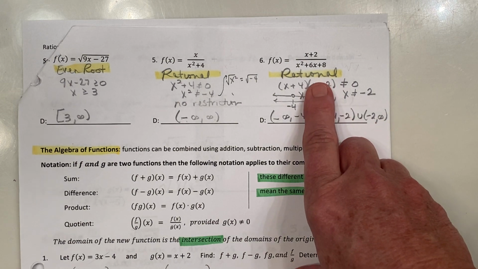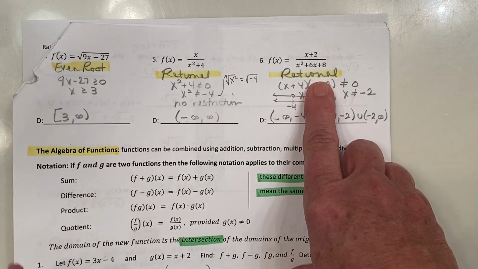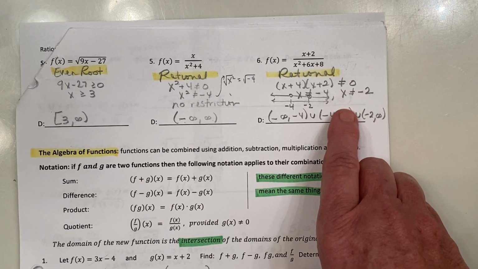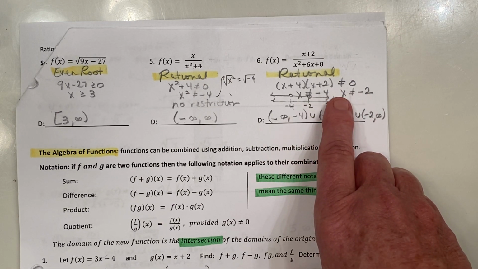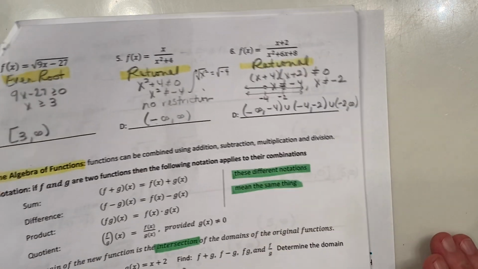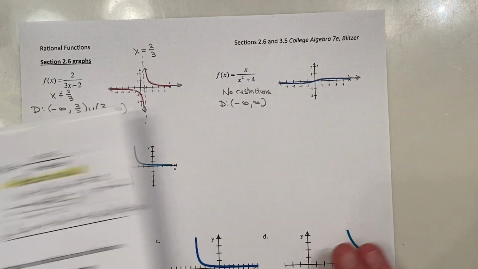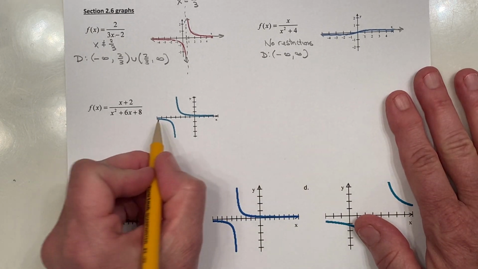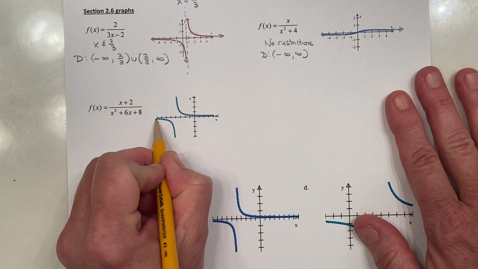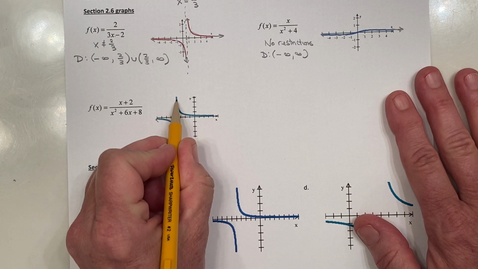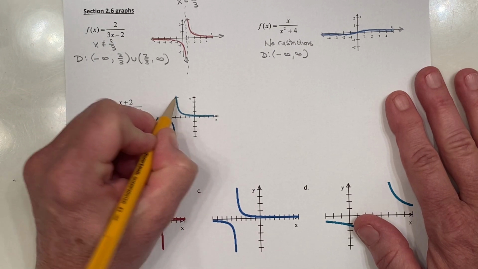So let's see what the graph looks like here for number 6. Okay, we almost should think that we're going to have two vertical asymptotes at x equals -2 and x equals -4. So let's look at the graph of this equation. So here it is right here. Well, notice when we start to draw the graph from far left and I start to swing downward, and then to lift my pencil, I'd have to get back up here.